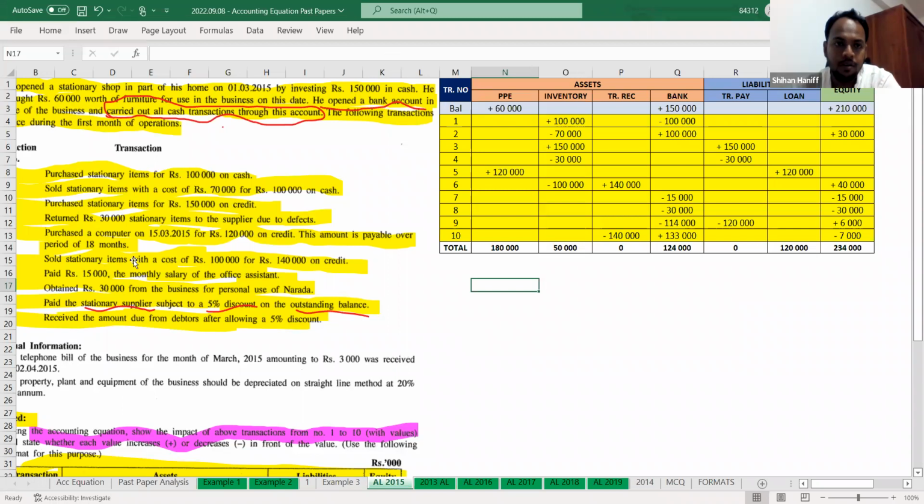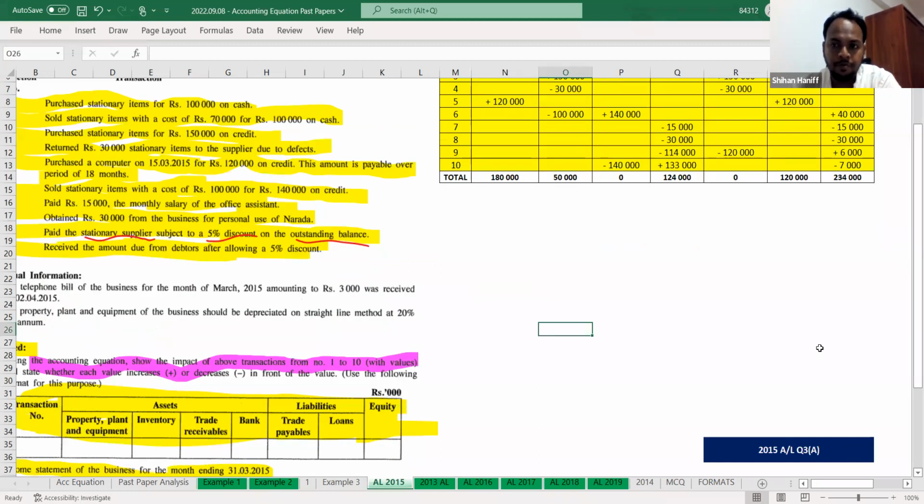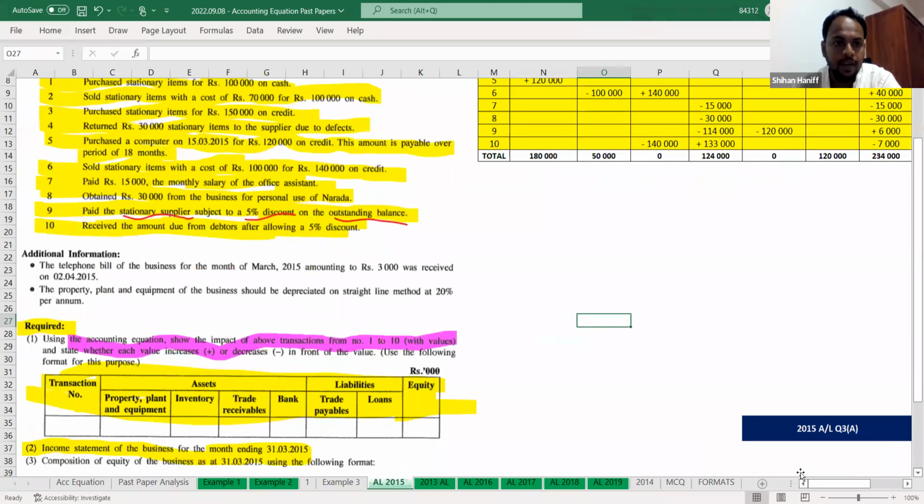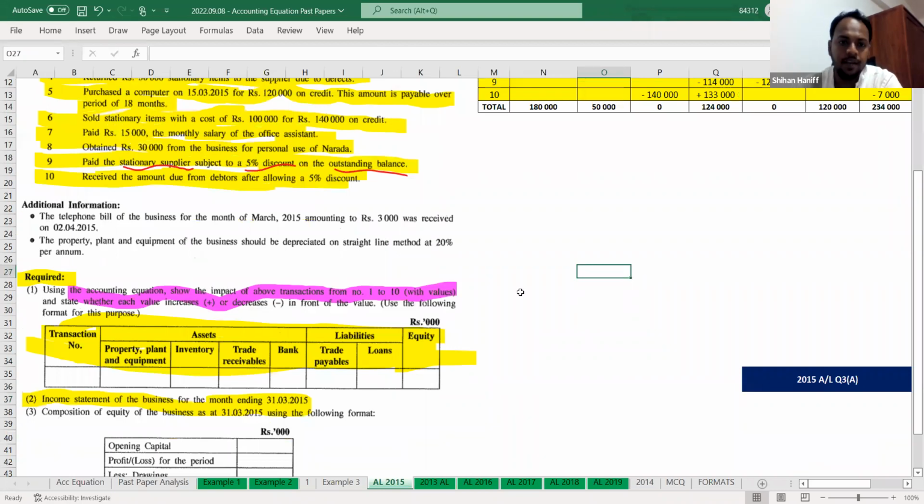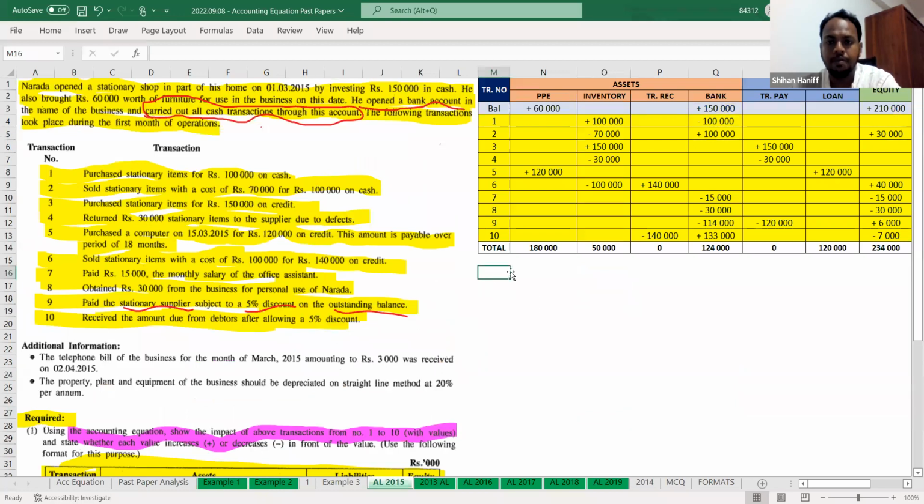Now, income statement of the business for the month ending 31st March 2015. Income statement. So there are two methods we can use to prepare the income statement.